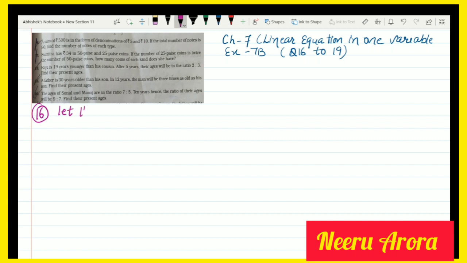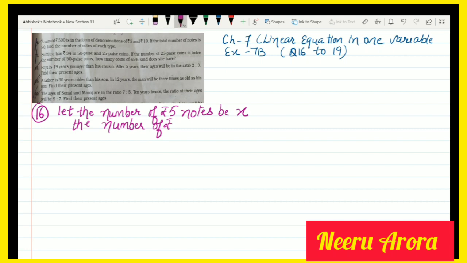Let the number of rupees 5 notes be x. The total number of notes is 90.